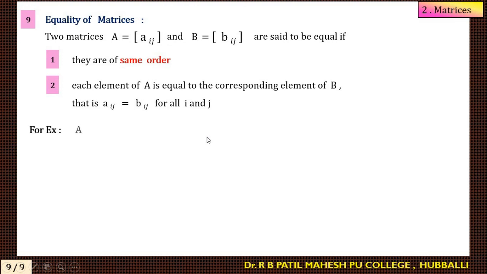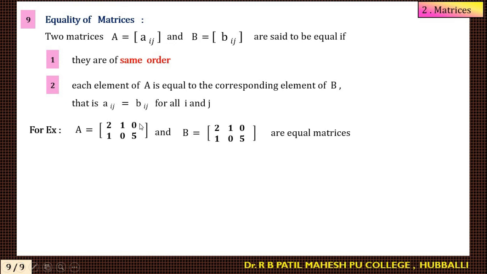For example, let me take matrix A equal to 2 1 0, 1 0 5, and matrix B equal to 2 1 0, 1 0 5. Here A and B are equal matrices, because position-wise you see in matrix A the first element is 2, and in B also we have 2, and second position 1, here also in matrix B it is 1.